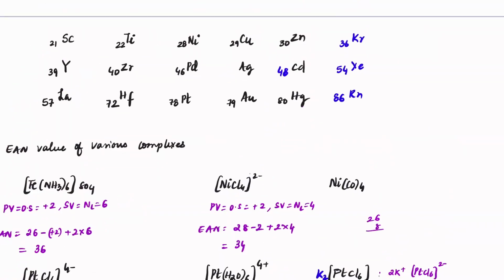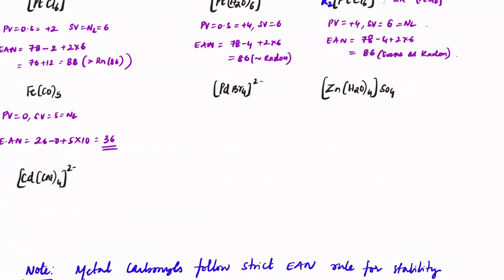Palladium. Go to palladium. Palladium is 46. So primary valency in this case is +2. Secondary valency in this case is 4. And EAN value, so 46 minus oxidation state 2 plus secondary valency 4 into 2. Done.